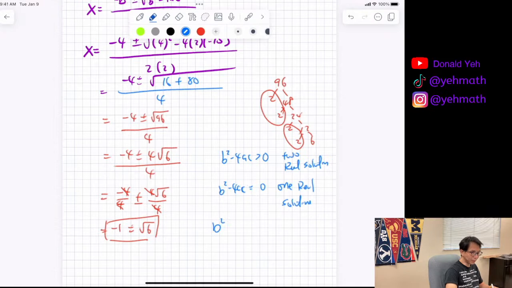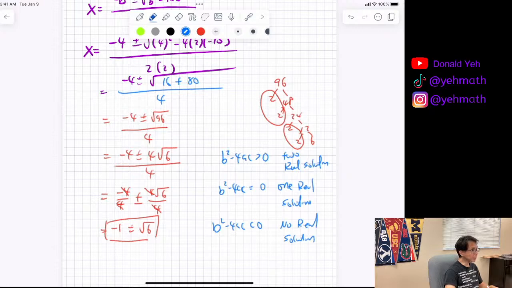Now you also get b squared minus 4ac less than 0. Then how many solutions are there? No real. But what else?